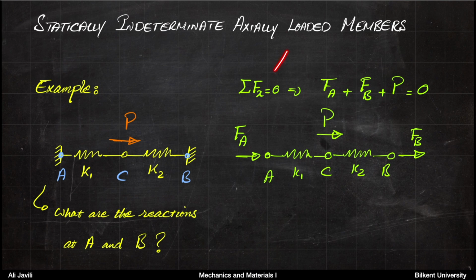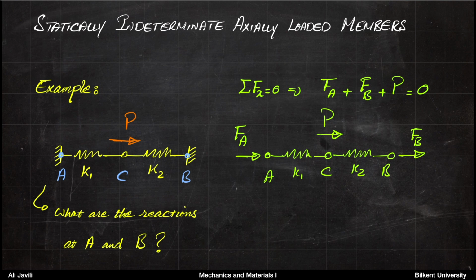That gives you FA plus FB plus P equals 0. Now, if you look at it, you have one equation, but you have two unknowns, FA and FB. So it's a statically indeterminate system by definition, in the sense that our static equilibrium equations are not enough to solve this system.